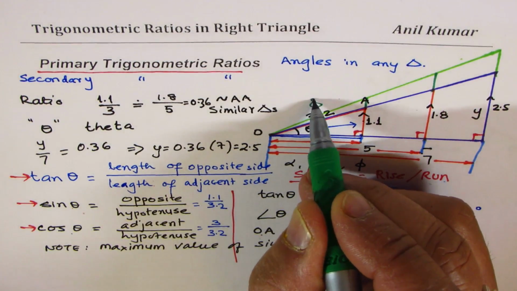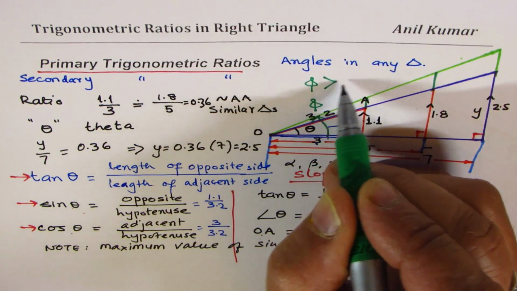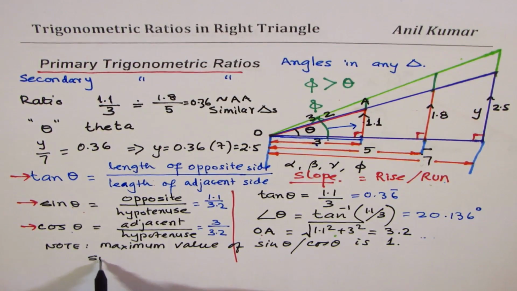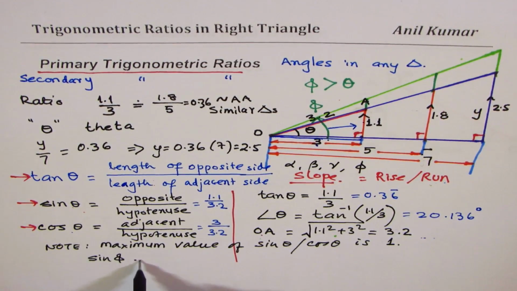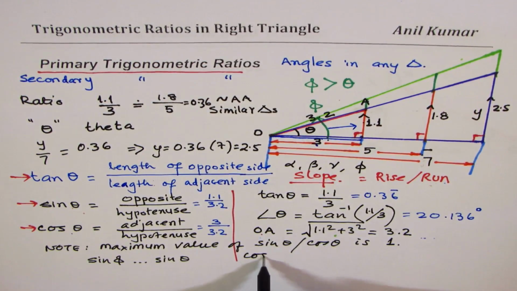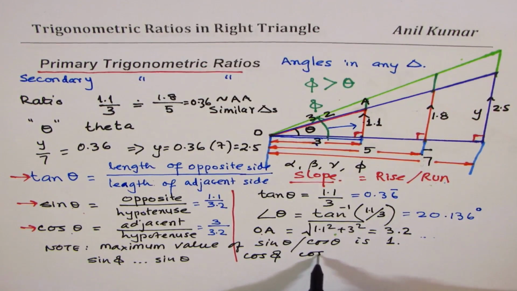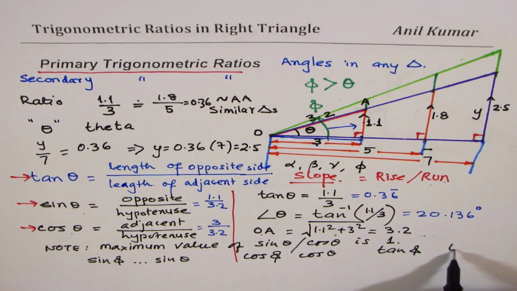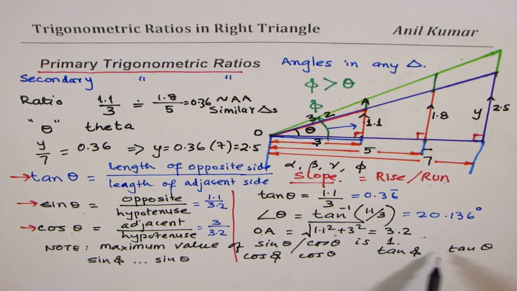That is what you have to figure out if I increase the angle. So if I increase the angle to phi, where phi is greater than theta, you have to tell me how sine phi and sine theta are related, how cos phi and cos theta are related, and how tan phi and tan theta are related.